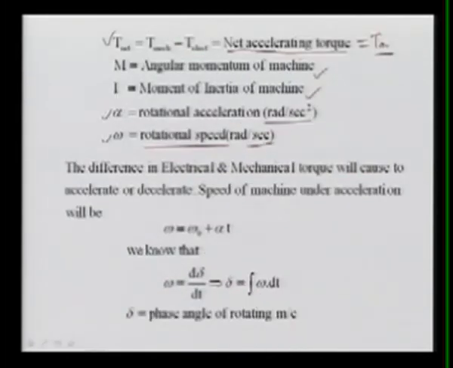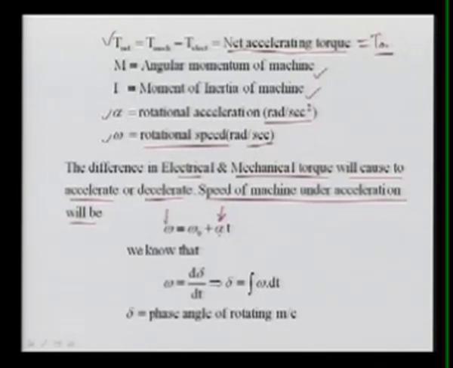So the difference in the electrical and mechanical torque will cause the machine to accelerate or decelerate. The speed of the machine under acceleration will be omega naught plus the rotational acceleration multiplied by time.